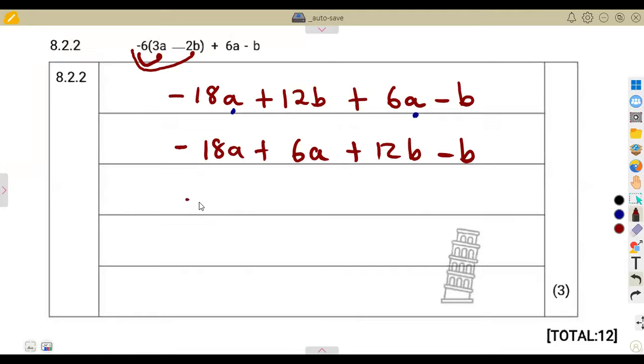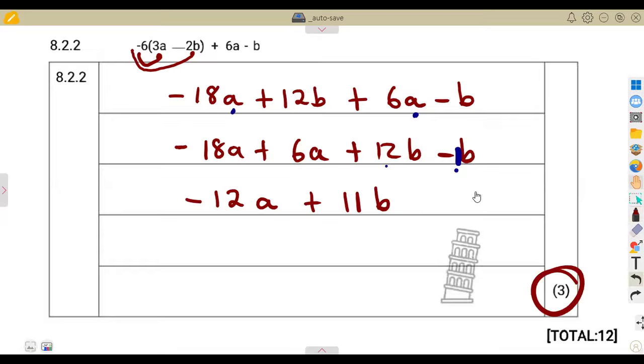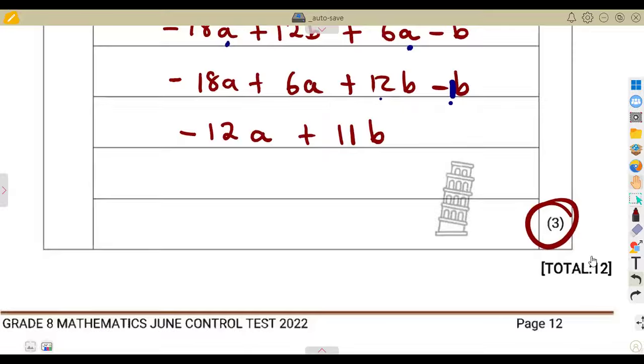You're going to get minus 12a. 12b minus b, there's a 1 which is invisible. So it's 12 minus 1, which is 11. So that will be 11b. So it's minus 12a plus 11b at the end, which is a total of 3 marks and a total of 12 marks from the whole of our question 8.